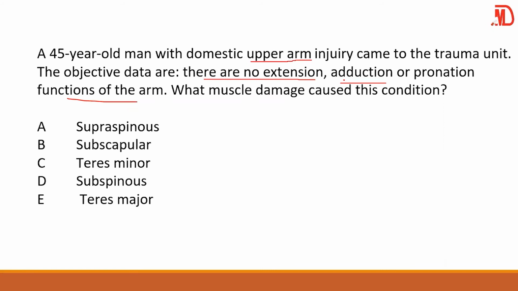It assists in extension and medial rotation of the humerus. Humerus is a bone, please. Your upper arm bone is called the humerus, so don't get confused. So we're talking about the teres major. So the answer is E, teres major.